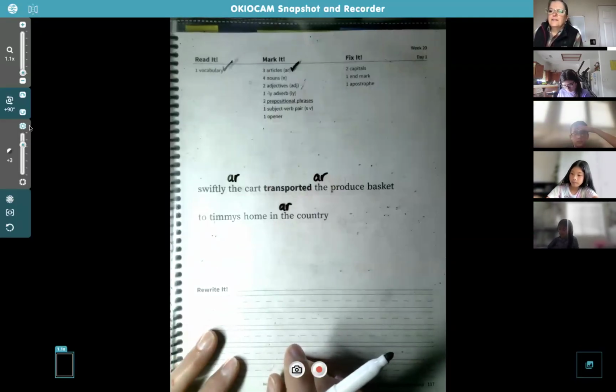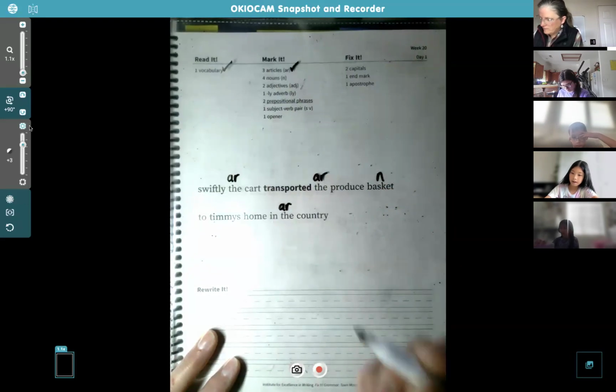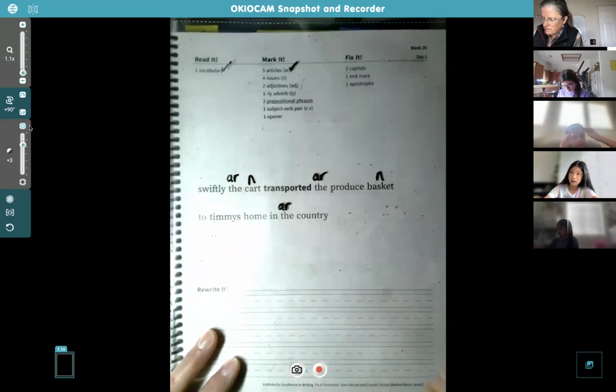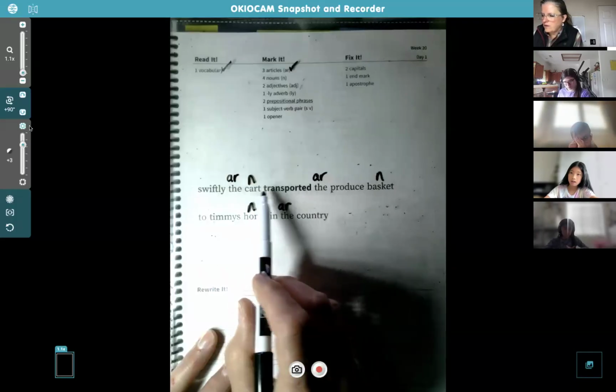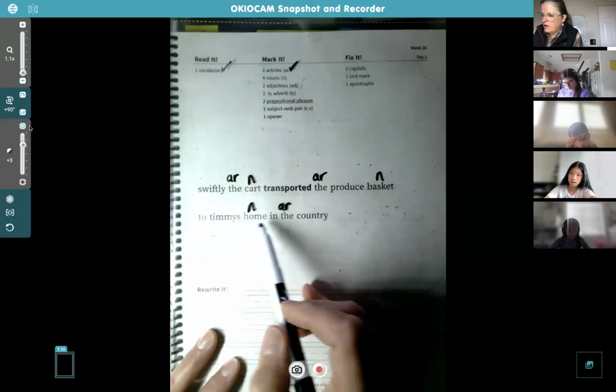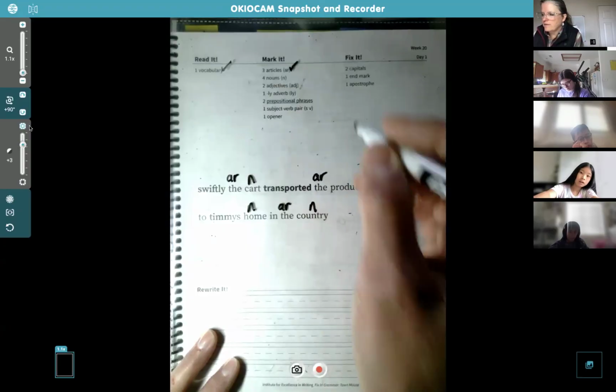Basket, okay, good, cart, good, home, good. One more. Cart, you got cart. Basket, home, and then there's one more. Country. Yeah, and country. There you go. Good, because that's a place.